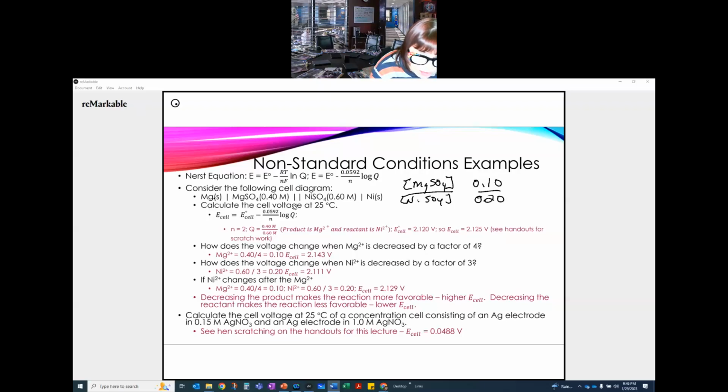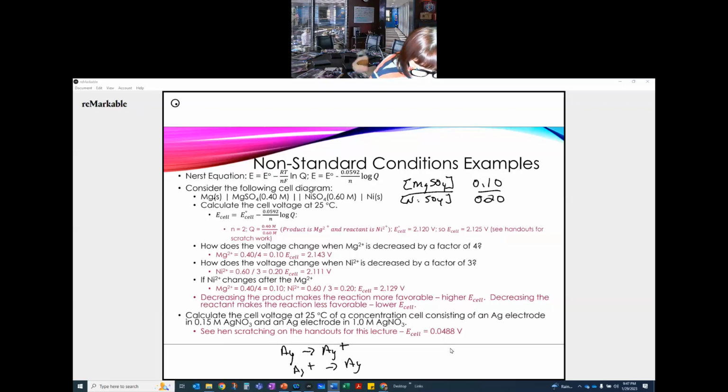Okay. So what that means is that I have an Ag that goes to Ag+, and I have an Ag+ that goes to Ag, and of course products over reactants is going to give me my E naught cell is going to be 0.